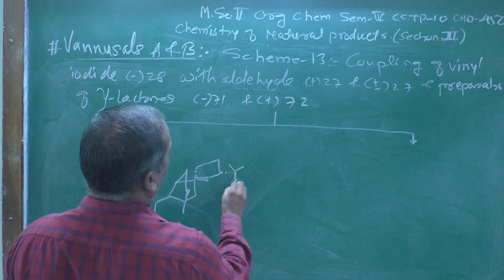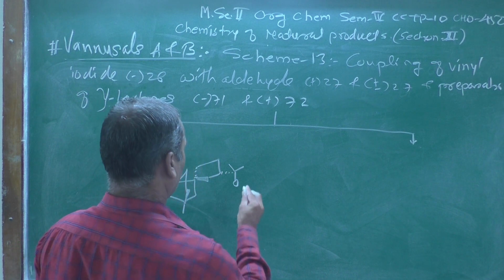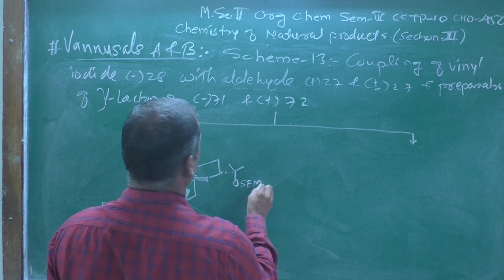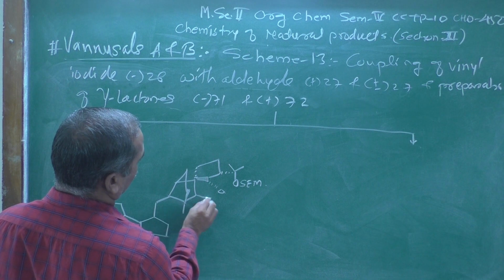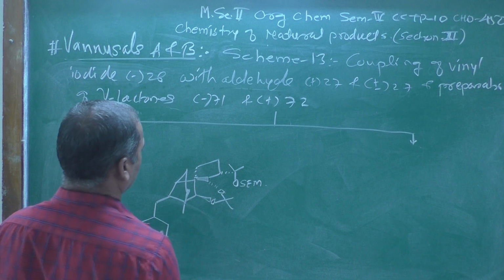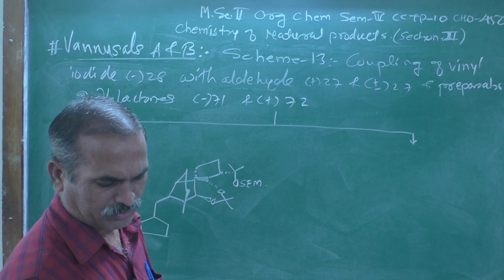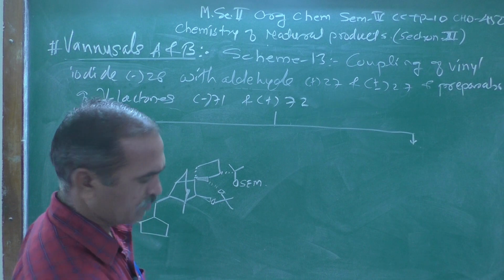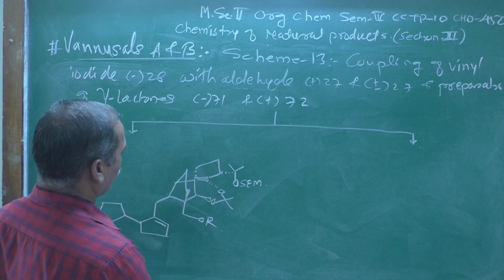Here is the isopropyl group which is protected, SEM, and this group also gets protected, 1,3 protection. Now here are the groups which I am showing as OR. Here is a double bond.